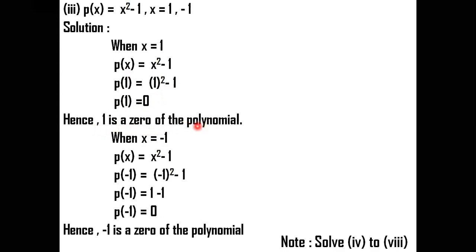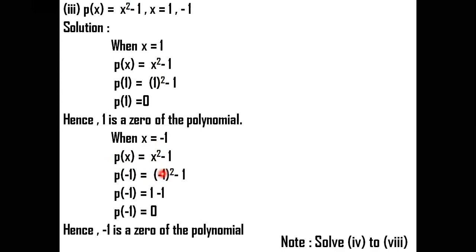Let us find out about the second number. The second number is x is equal to minus 1. All that we have to do is replace x by minus 1. Wherever you find x, replace x by the number minus 1. So the question is written first, and then wherever I find x, I replace it with minus 1.